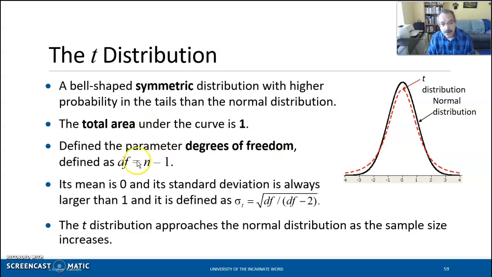And then you will see for each sample size there is a different t distribution. So we don't have a single t distribution, we have many t distributions. The t distribution is also centered on 0, so its mean is 0, but its standard deviation is always larger than 1. And only when the sample size is very large does the t distribution become the normal distribution.